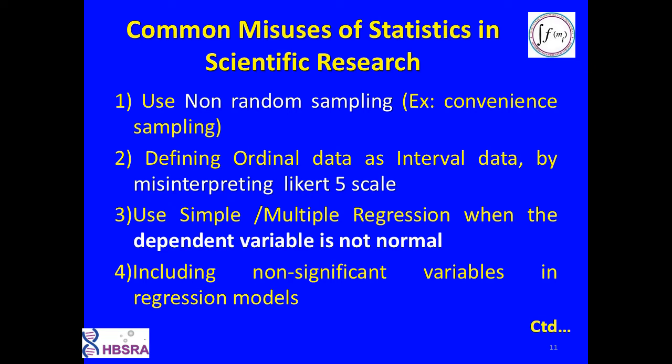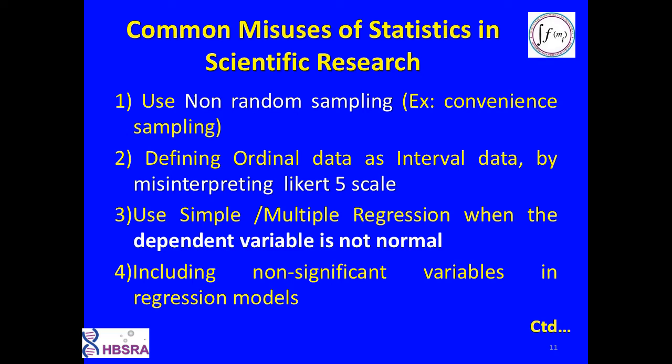There are four measurement scales: nominal, ordinal, interval and ratio. In many studies, especially in psychology and sociology, we use the Likert 5 scale. It is an ordinal scale, but it is misinterpreted as an interval scale.